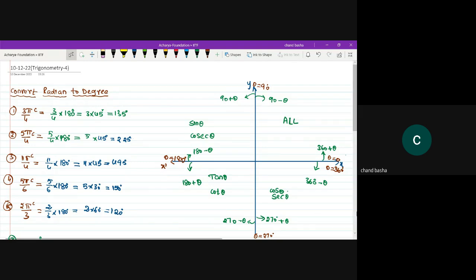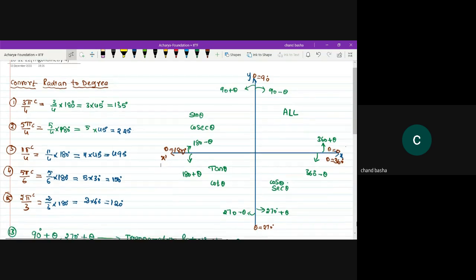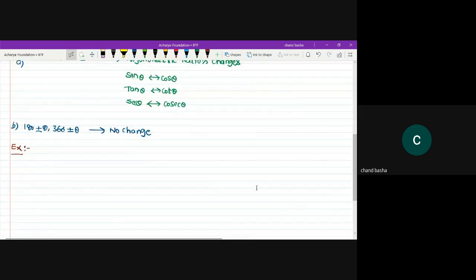Still, this is the 4th class. We are only in the introduction of the trigonometric ratios. I have only 7 to 8 periods to complete this chapter. So if you have any doubts, you have to listen to the recorded classes, guys.